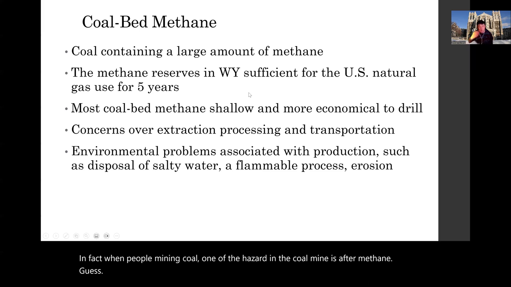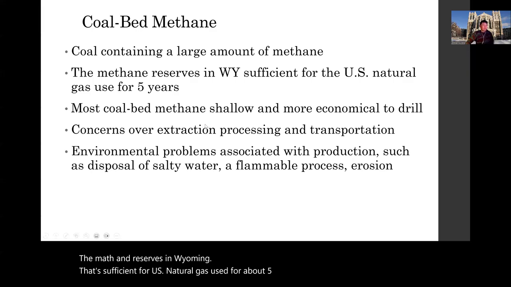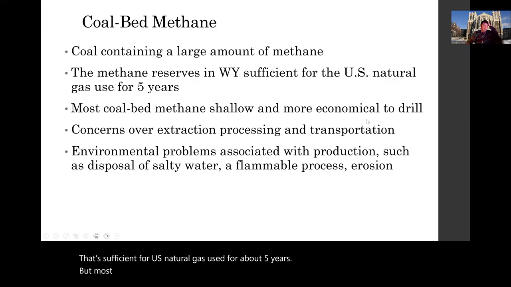But in old times we could not use it. These days, because of technology, the methane reserves in Wyoming are sufficient for U.S. natural gas use for about 5 years. But most coal bed methane is shallow. It is economic to drill, but there are concerns about transportation and processing.